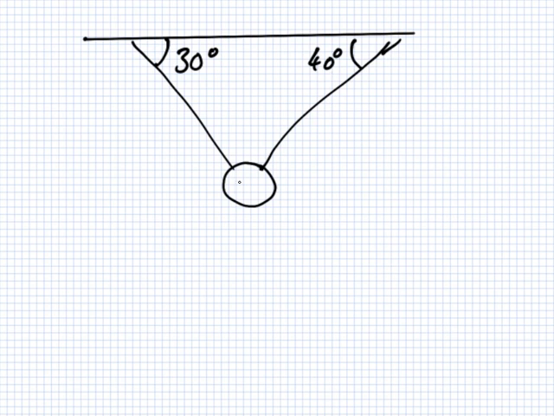We'll say this is just 1 kg. So how many forces are there here? 3, and they all meet at the 1 kg. So we'll call this one T, this one S, and this one here 1G. And the question is, find T and S.